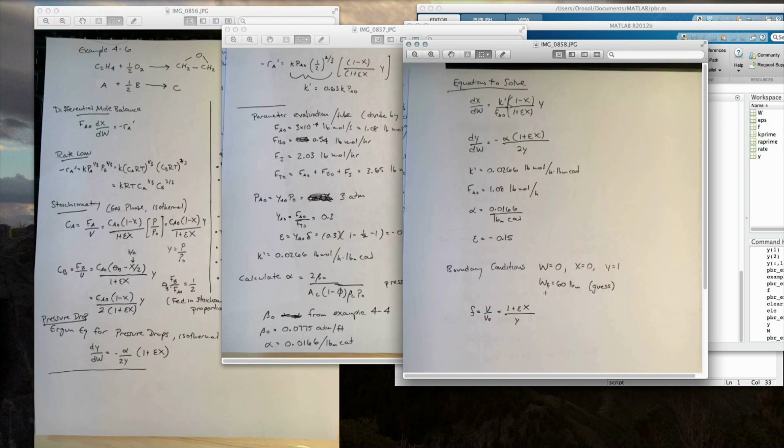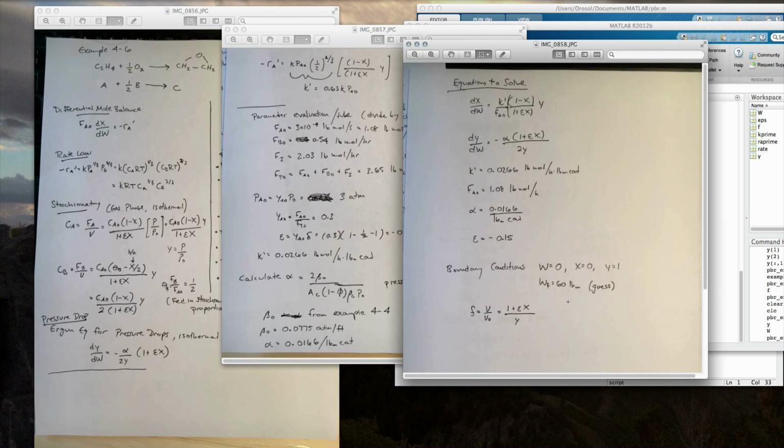And then in order to solve this problem numerically, we also need to put in a final weight. So we just guess what this is, and we know that we want about 60% conversion.